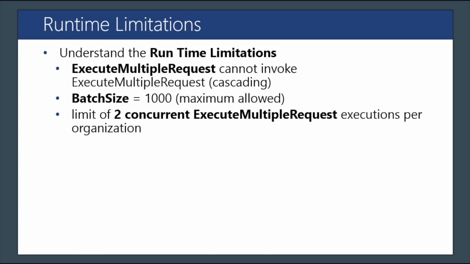And lastly, what we mention as runtime limitations. So I mentioned earlier already, there's a batch size set to 1,000 as the maximum allowed, and that can be changed by you. So you can play with batches of 10, 20, 100, 500, but you can't go over 1,000. You can't. And actually, we don't even recommend you to do so. And then the execute multiple requests that I mentioned before, there is a limit.